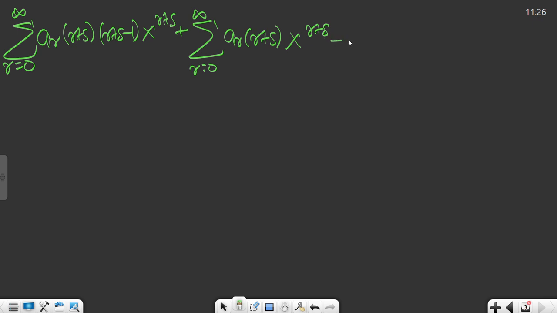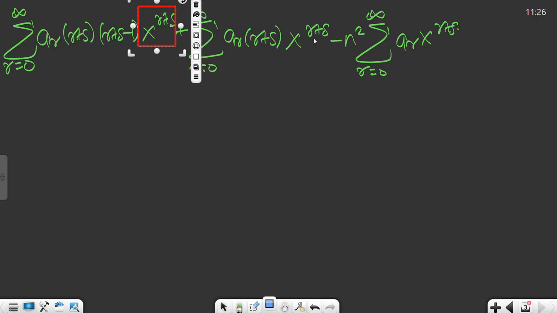And then if we talk about negative n squared, that's going to give us the sum for r from 0 to infinity of a sub r x to the r plus s. Why did I write this term first? Because we are having something common in all of this. So now we are just going to play here with these three things.